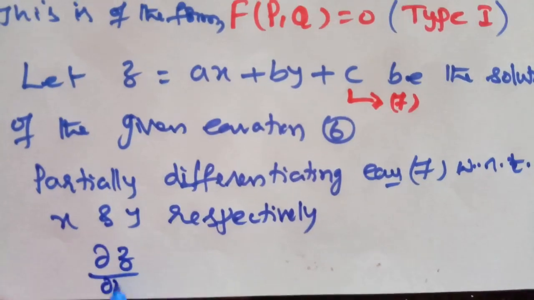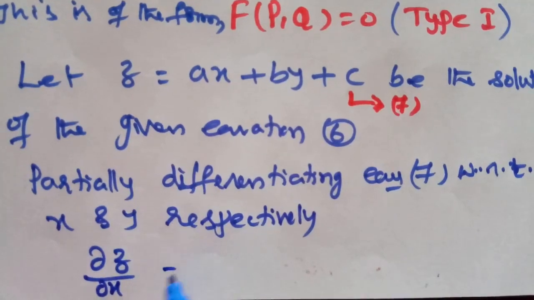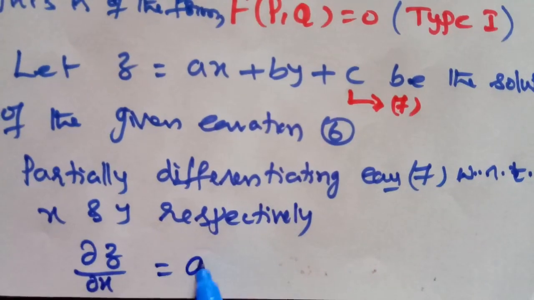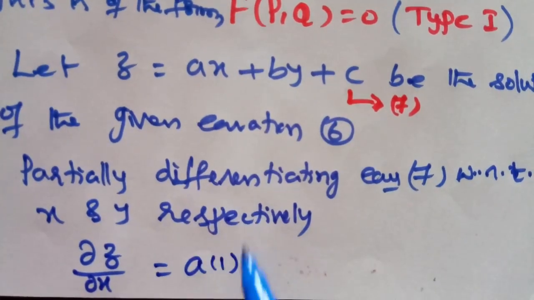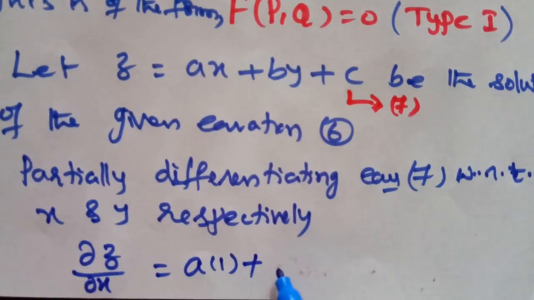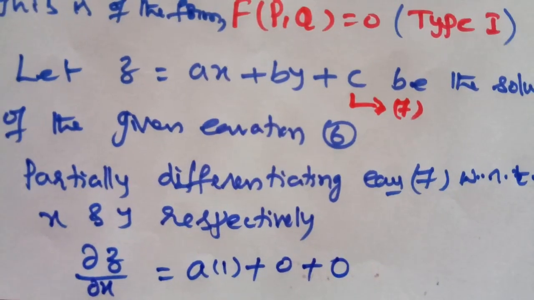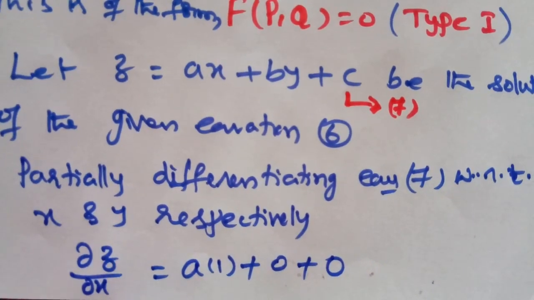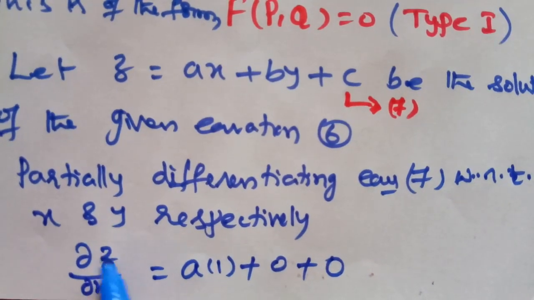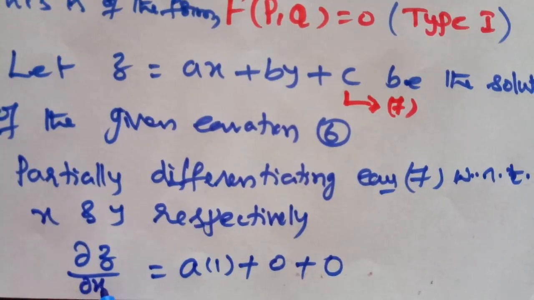Now dou z by dou x is equal to a into derivative of x is 1 plus derivative of b is 0, b constant, y constant, derivative of c is also 0. Therefore dou z by dou x, that means this is denoted by p.